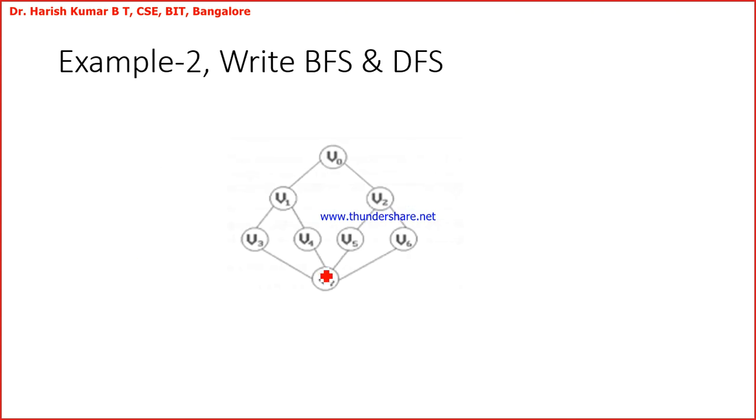Now I want you people to write the BFS and DFS traversal for this. So V0, V1, V2, V3, V4, V5, V6 and V7. Start doing. Write it and tell me.